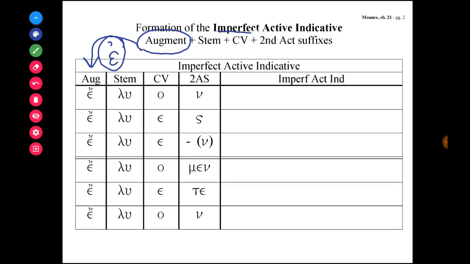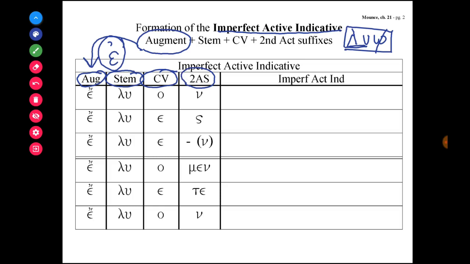So to form the imperfect active indicative, which is a past time tense, use luo as our paradigmatic verb, the stem being lu. To form the imperfect active indicative, you take the augment, you add the stem, you add the connecting vowel, but instead of the primary active suffixes, you now add the secondary active suffixes: nu, sigma, nothing, men, te, nu.